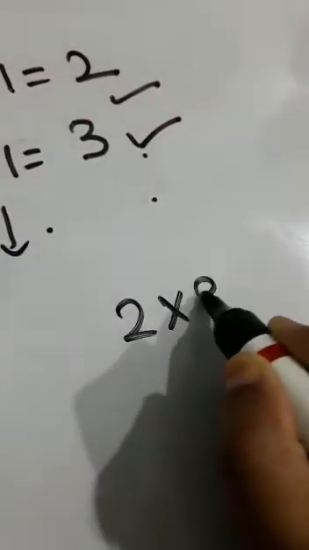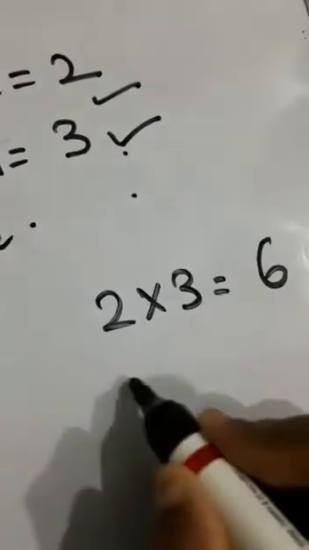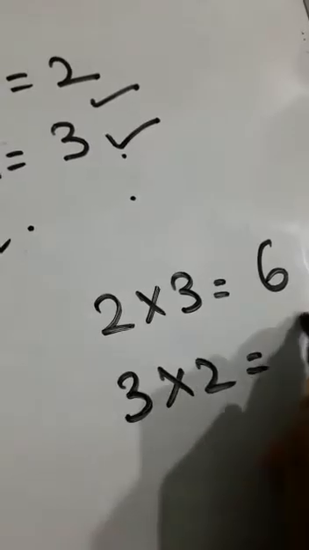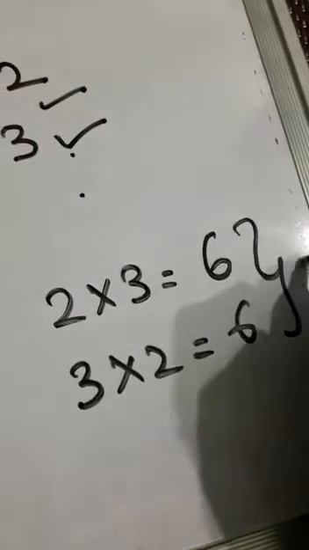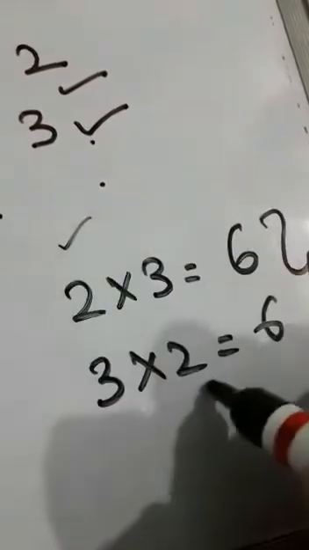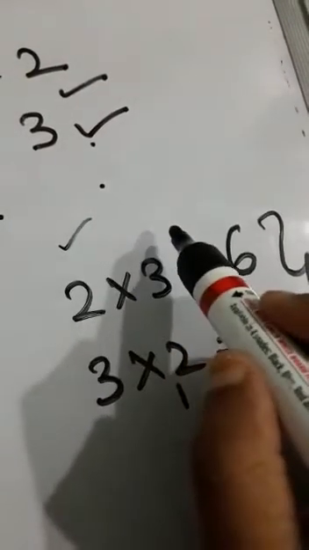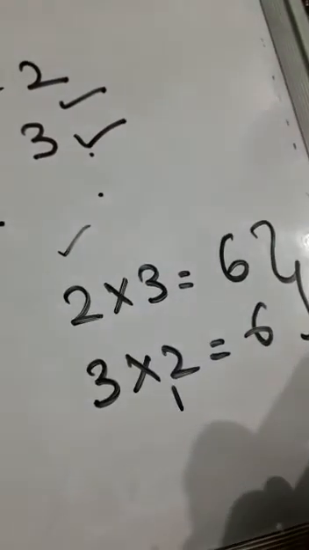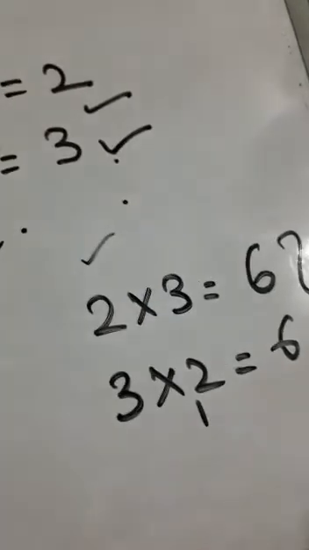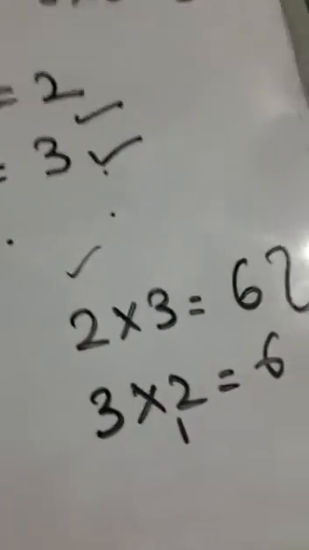Here also 2 into 3, 2 threes are 6, 3 twos are 6. The product will be the same but the multiplicand and multiplier are different. This is the third property.